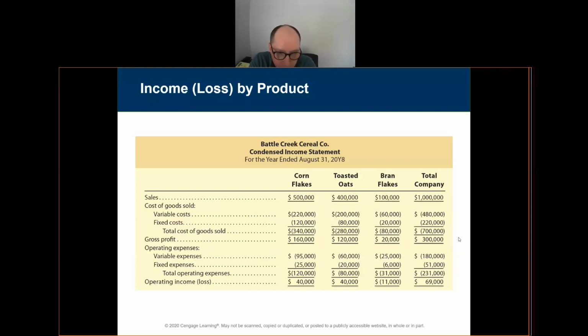We have variable costs, which, as you know, are the costs of manufacturing the product: direct materials, direct labor, factory overhead. And we have fixed costs: supervisor salaries, depreciation, taxes, et cetera.